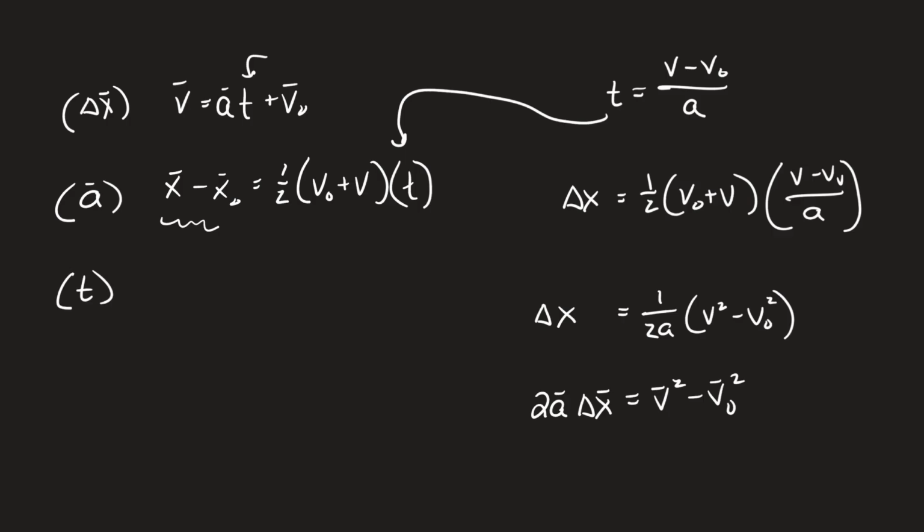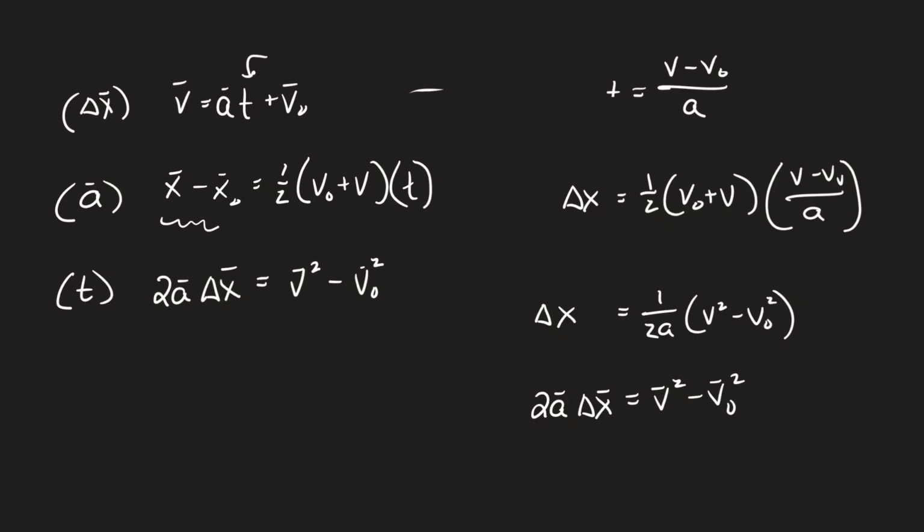So, consider that we are building a set of motion relationships that can be used to solve motion problems, and in each case, they have 4 of the motion variables in them and 1 that's missing.